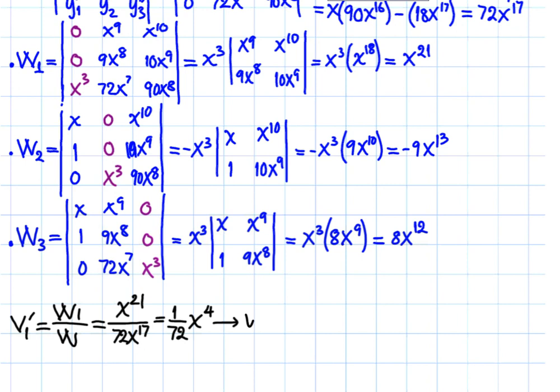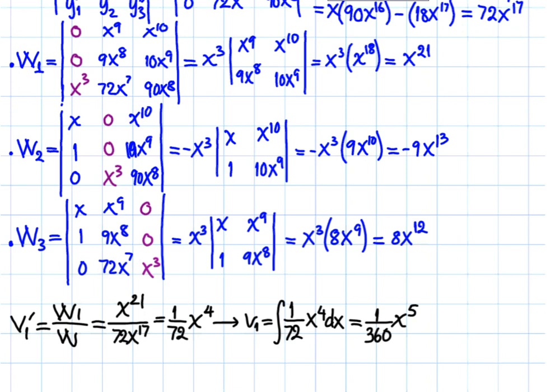Integrate and we get back to V1. And that gives us 1 over 360 x to the 5th.